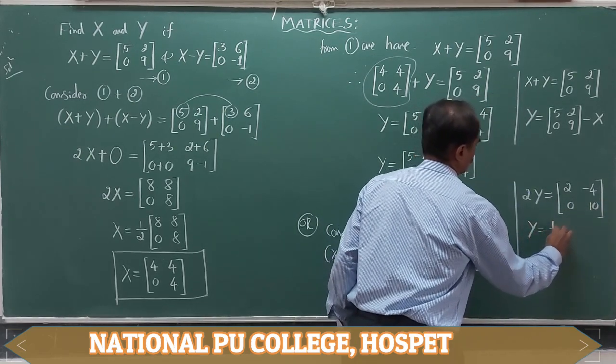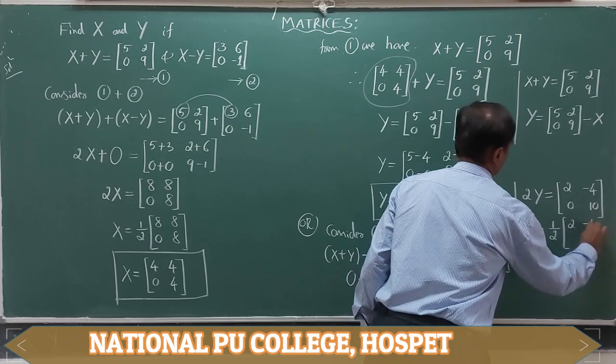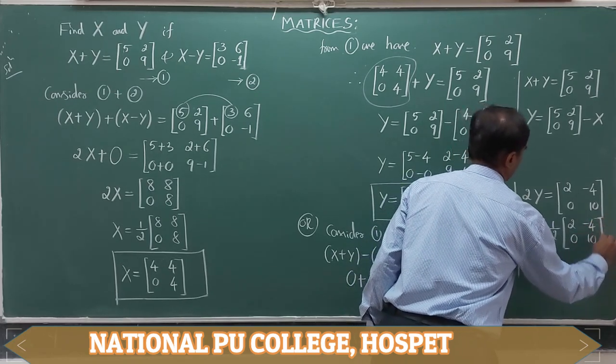So y equal to half of matrix 2, minus 4, 0, 10.